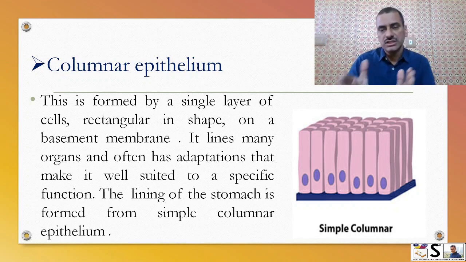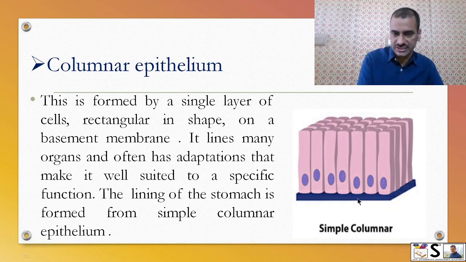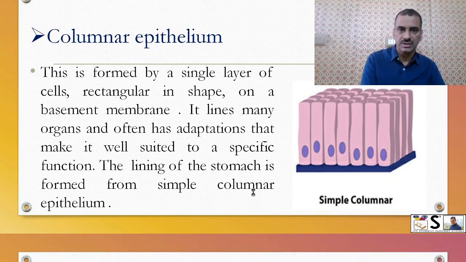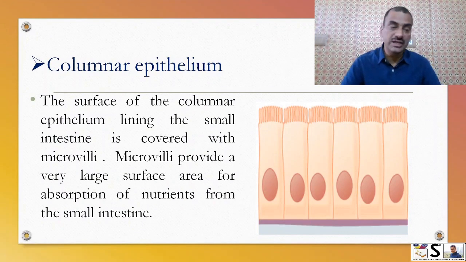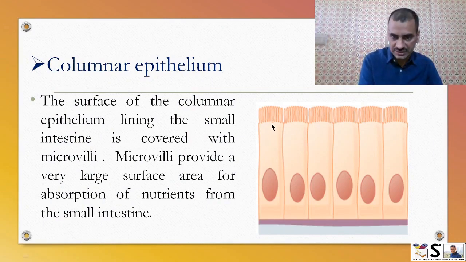They adjust their cell shape slightly depending upon where they are situated and what the function will be. So here in the stomach they are simple columnar epithelium, while on the surface of the columnar epithelium lining in the small intestine they are covered with microvilli.